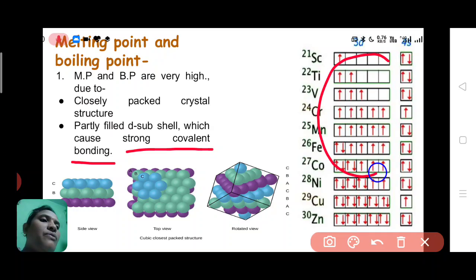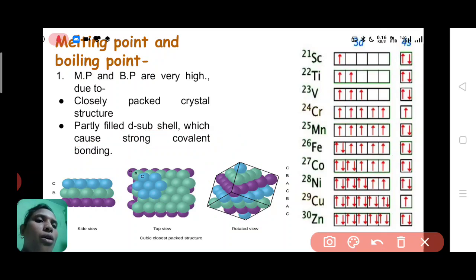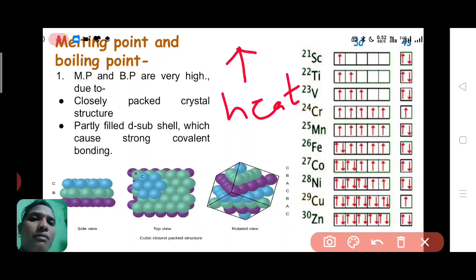This partly filled d orbital can form strong covalent bonds, and these strong covalent bonds result in the formation of strong crystals, and hence the crystals of these metals require more heat energy to melt the metal.